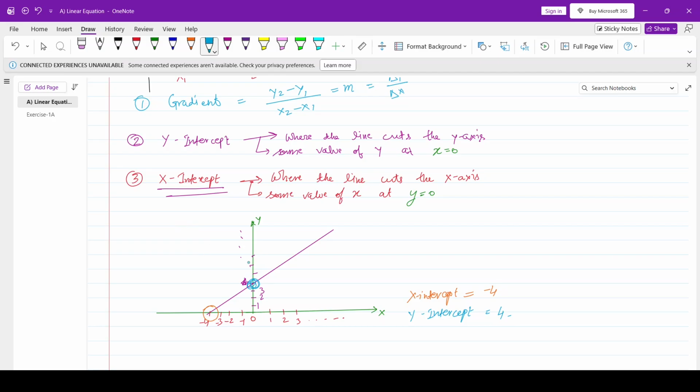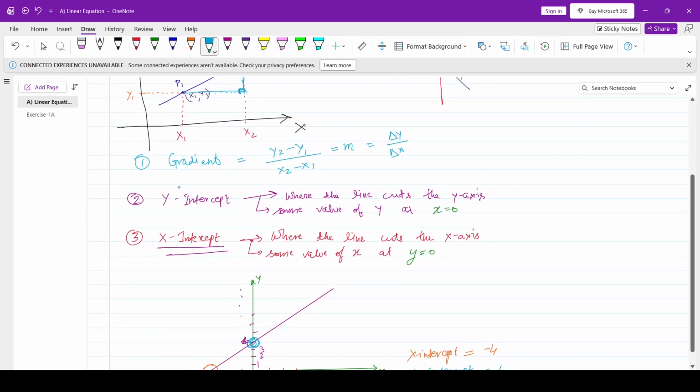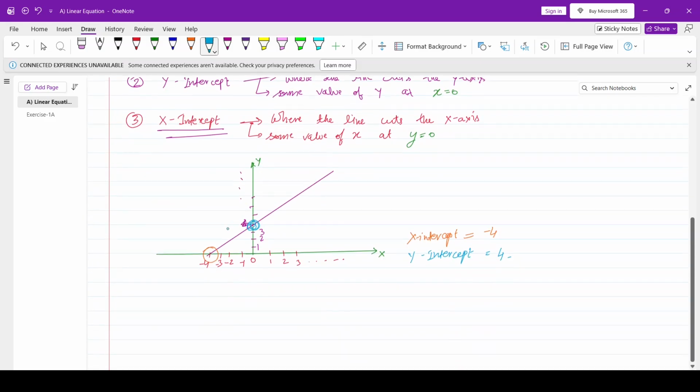Now, keeping this in mind, we can also find the very first property we have just shown, gradient. What would be the gradient over here? Can we say this point is 0, 4? Here x value is 0 and y value is 4, and this point is -4, 0. Here x value is -4 and y value is 0. So what would be the gradient over here? M is equal to y2 minus y1 divided by x2 minus x1. Considering this point as P2 and this point as P1, can we say y here is 4 and y here is 0?